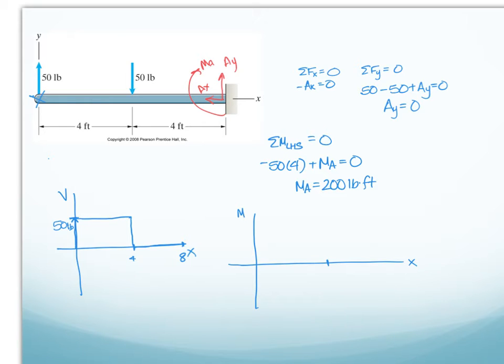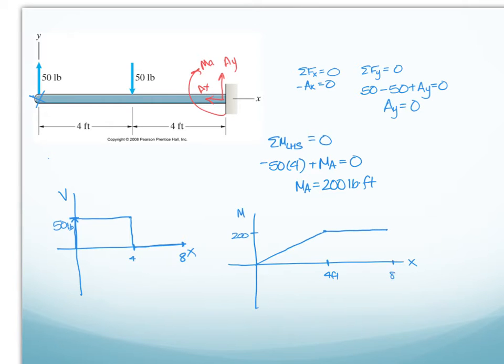So for the first 4 feet, the shear force has a value of 50, which means that the slope of this diagram is going to be 50. So at 4 feet, it's going to go up to a value of 200. And then the value of the shear force after 4 feet is 0. So now the slope is 0. So it's just a horizontal line.